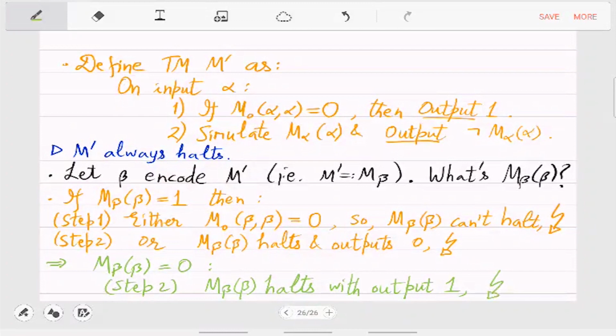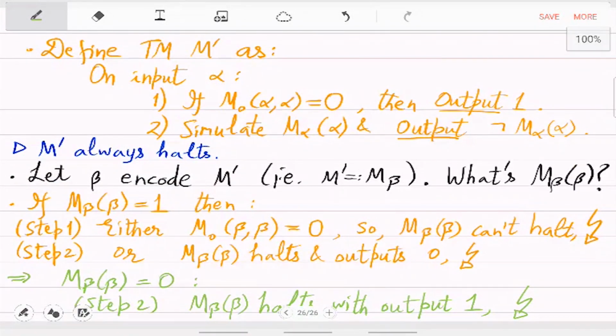So, that M prime always halts. And then we are asking what happens when M prime is given M prime itself, right. And there we have ruled out all the cases, which means that M prime cannot exist, which means that M0 cannot exist. Right. So, proof by contradiction.